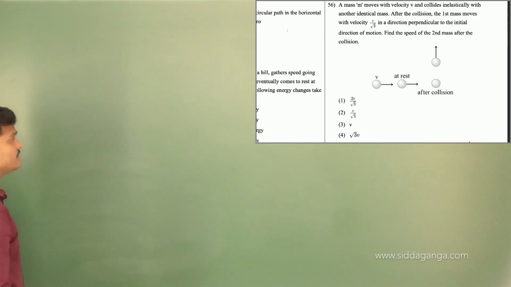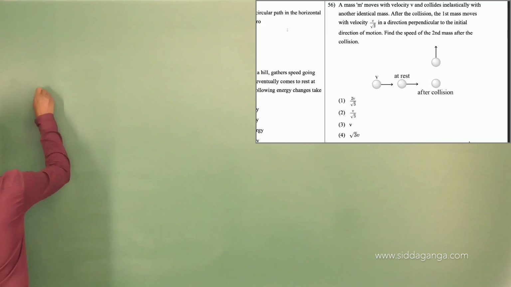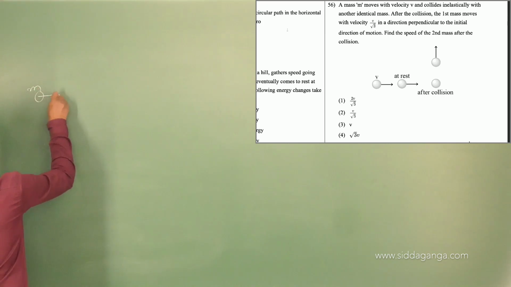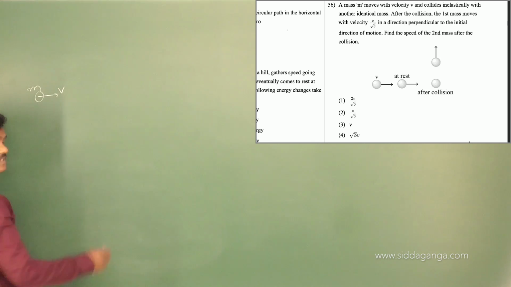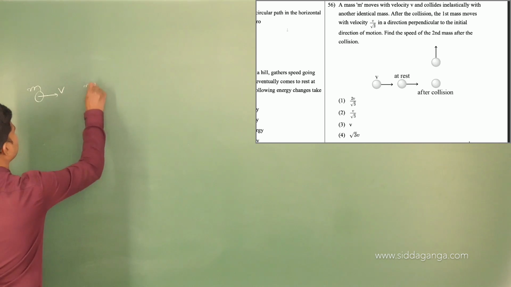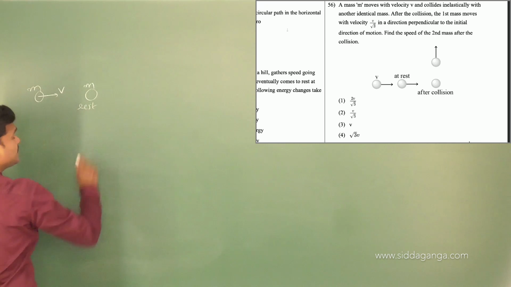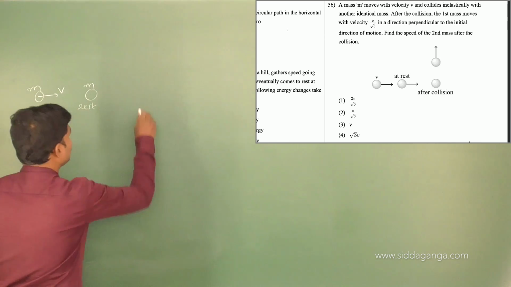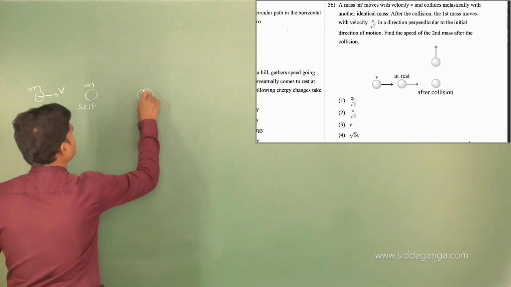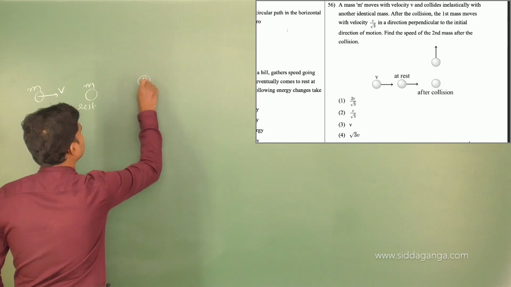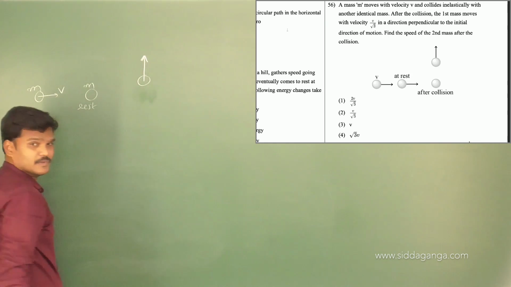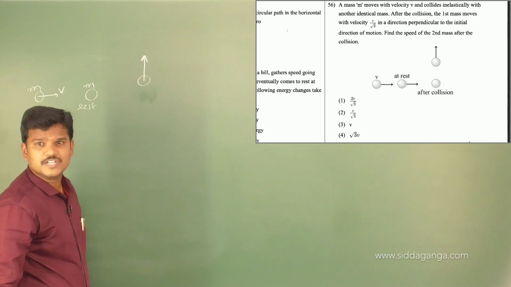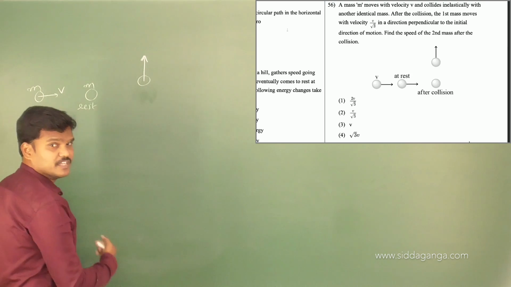See, let me draw the given diagram first. Equal masses move with a speed v. It is going to collide with another mass which is at rest, as they mentioned already. After the collision, the first one moves with v by root 3 in a direction perpendicular to the initial direction.